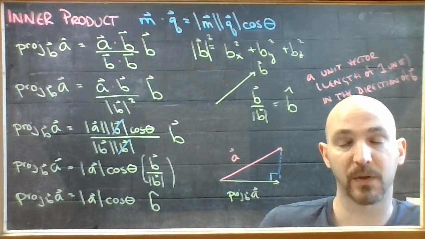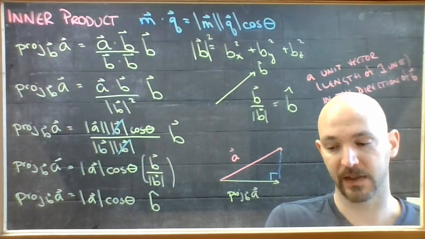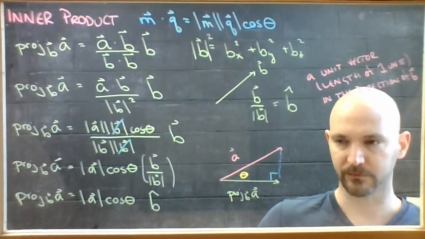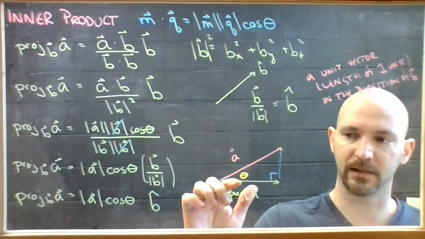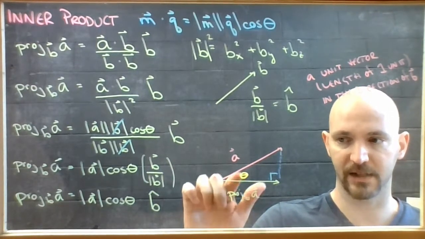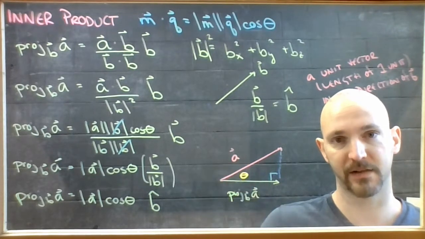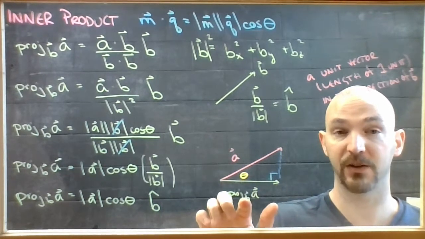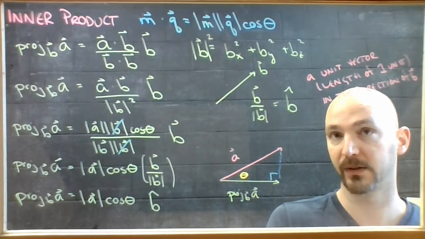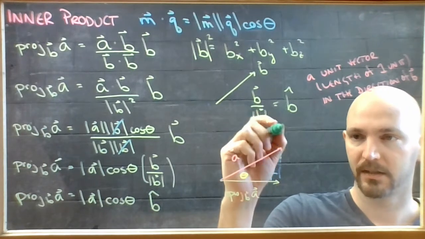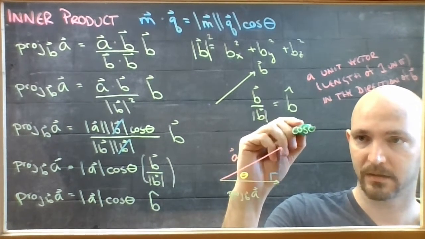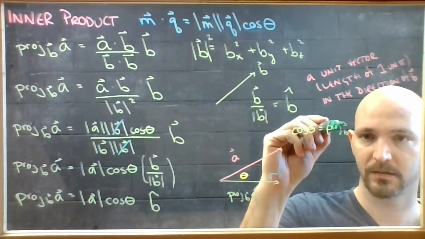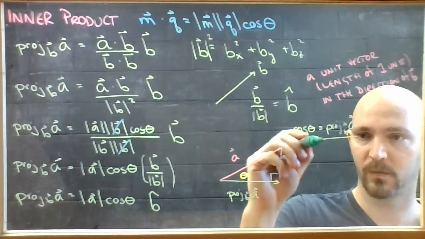Now, perhaps you remember from basic trigonometry in grade 10 that if I were to park an angle in there, this side here is adjacent to that angle, and this side is the hypotenuse. So if I were to take this divided by this, I would have the adjacent side divided by the hypotenuse. And that would give me a cosine equals proj b a over the hypotenuse.